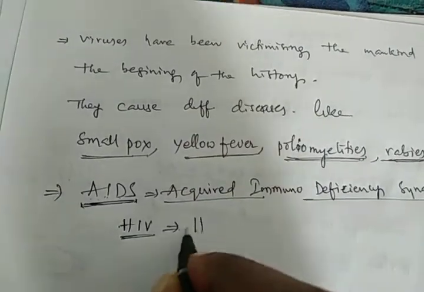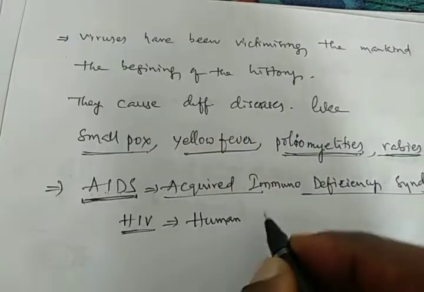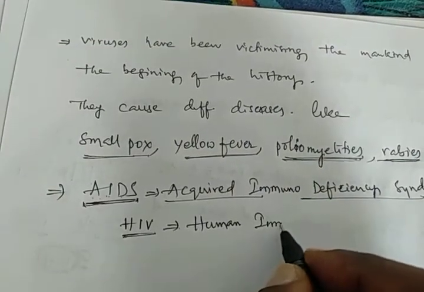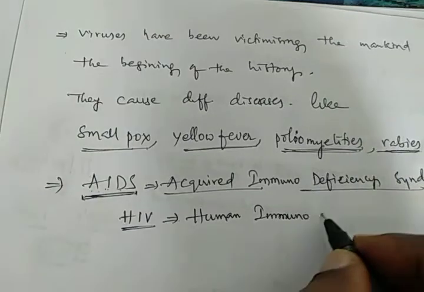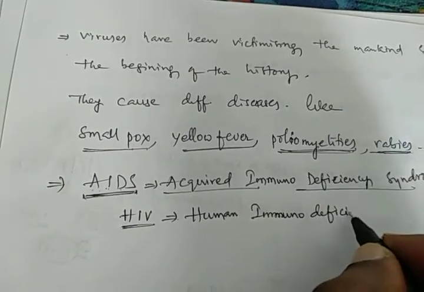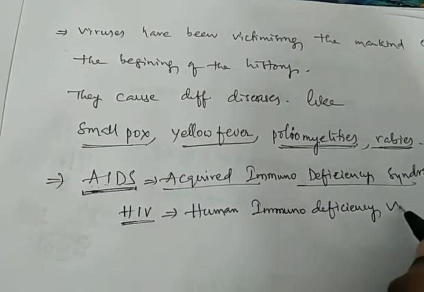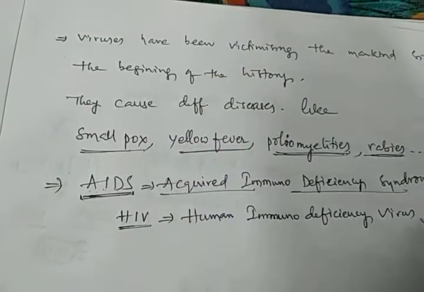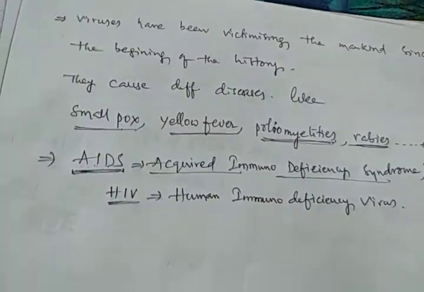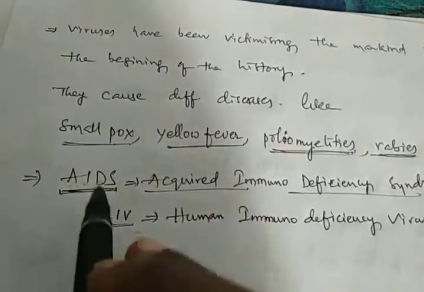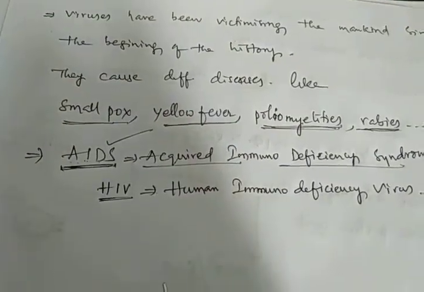HIV means human immunodeficiency virus. Up to today, there is no vaccine to control the disease AIDS.